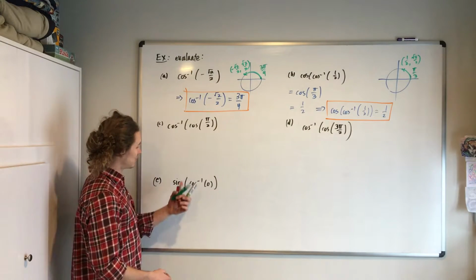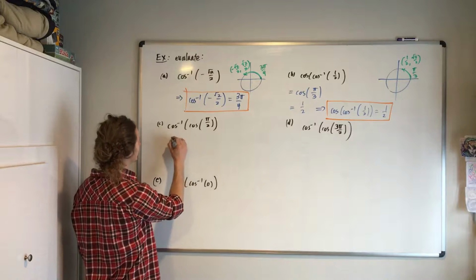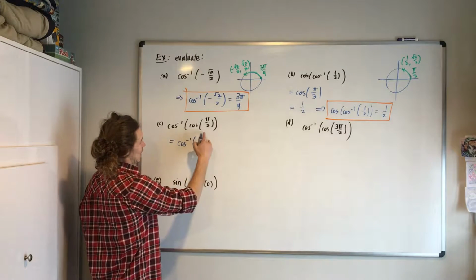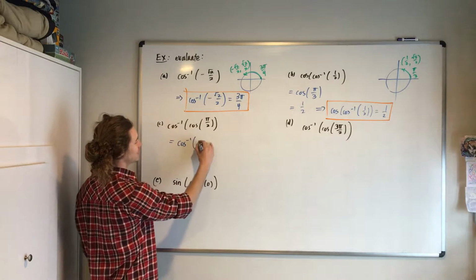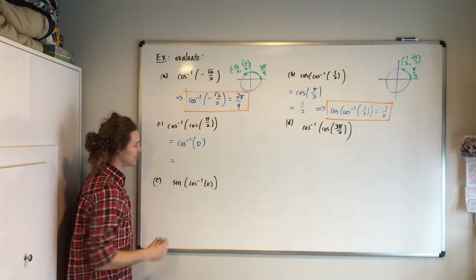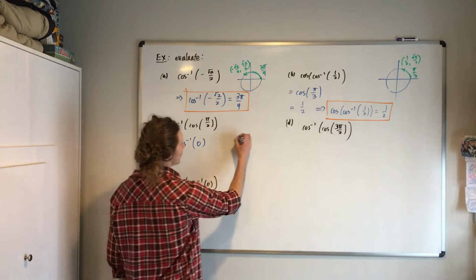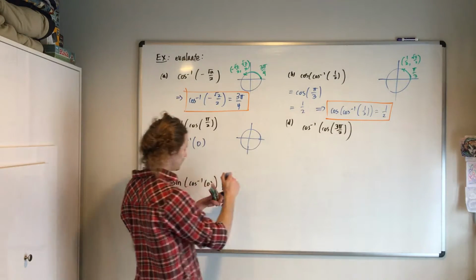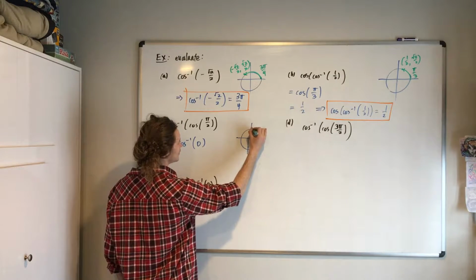Let's look at C. If I evaluate first the cosine of pi halves, at pi halves the terminal point is 0, 1. The x-coordinate is 0, so we're looking at the inverse cosine of 0. For the inverse cosine of 0, we need to find some real number between 0 and pi whose terminal point has an x-coordinate equal to 0.